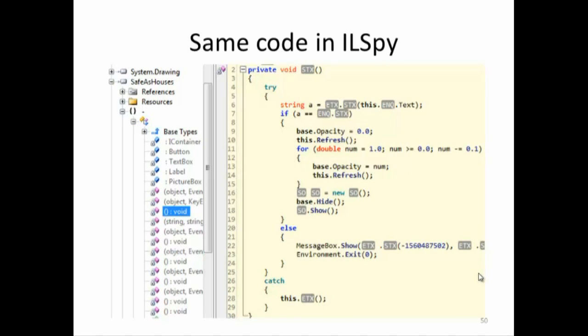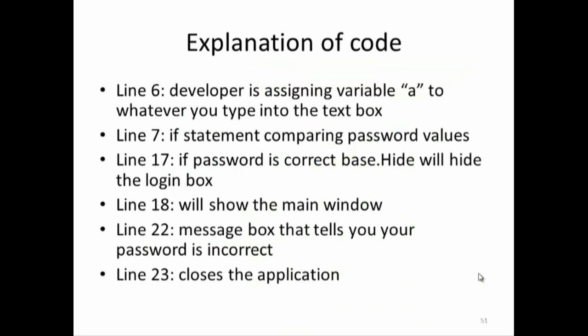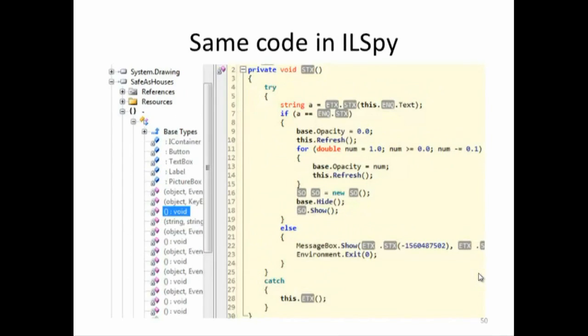We're seeing the functionality, and then you see the blunt.show. So we're starting to see that functionality that we were looking for earlier. Line 22, the message box that tells you your password is incorrect. So line 22, message box that show, and we talked about how password incorrect could not be found within this code, and here you see the reason why. It's totally obfuscated.